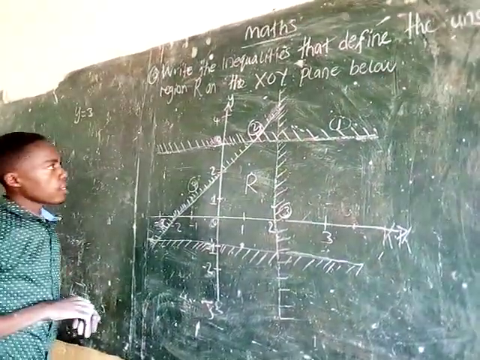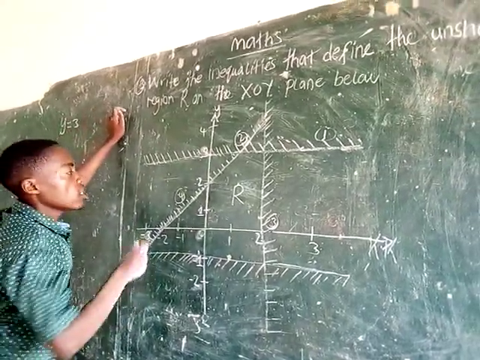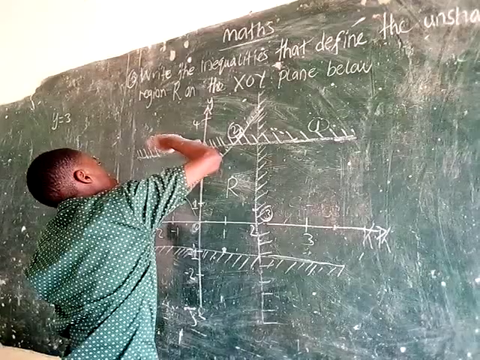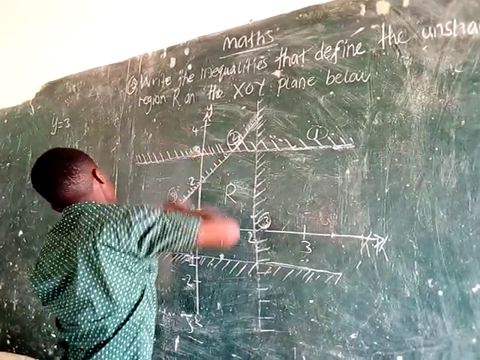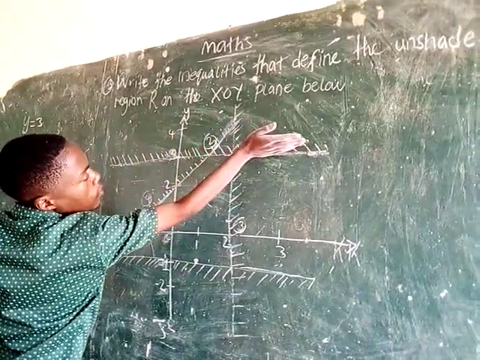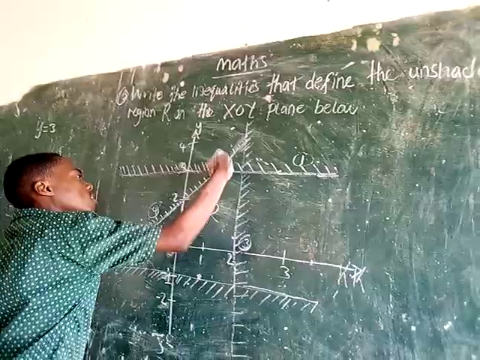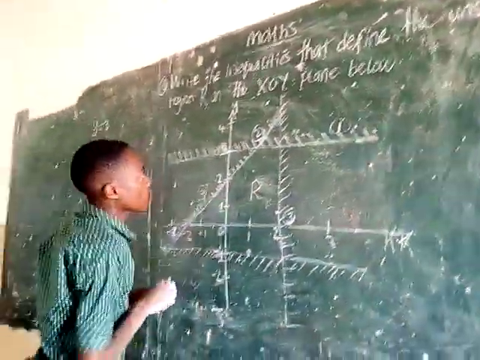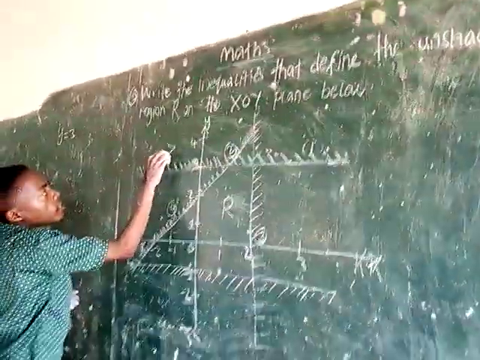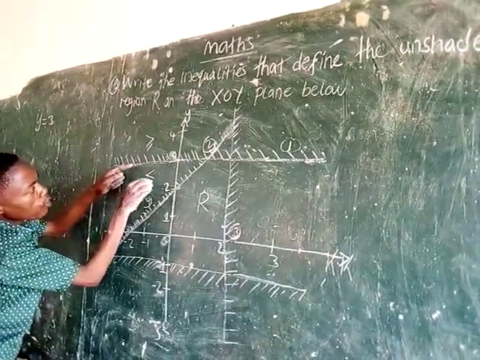Now we need to determine the symbol that is appropriate. Which part has been shaded? The part that has been shaded is upward, so this is the unwanted region. Below the line is the required region. Up is greater than or equal to, and downwards is less than or equal to.